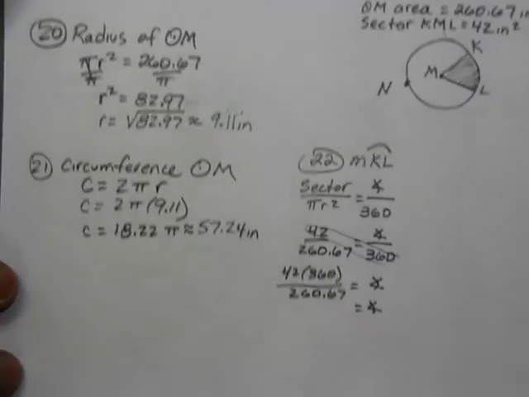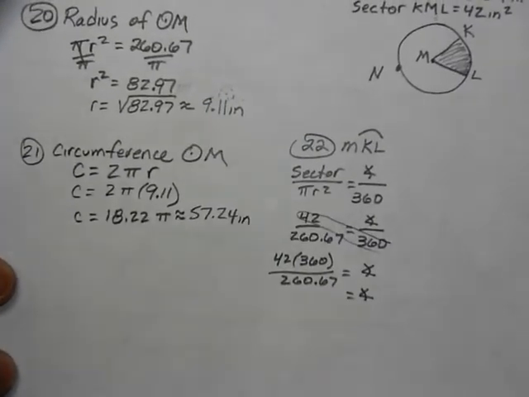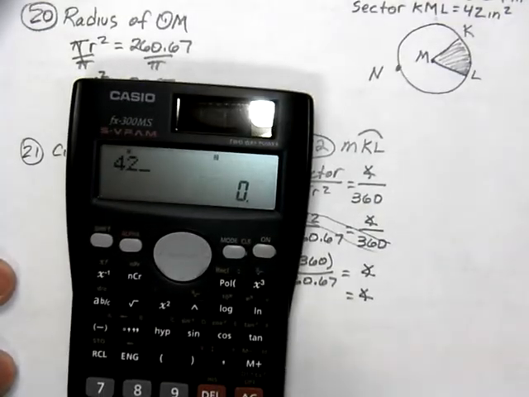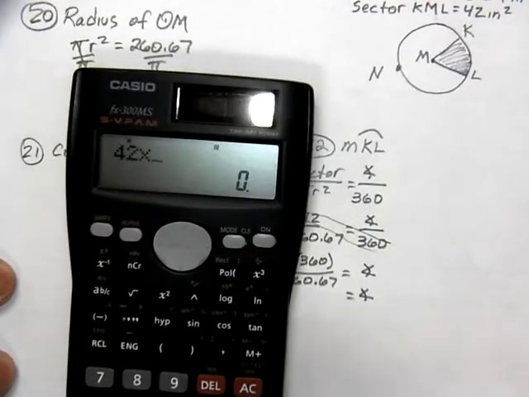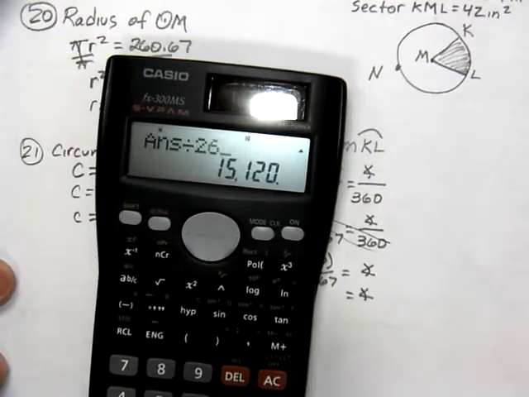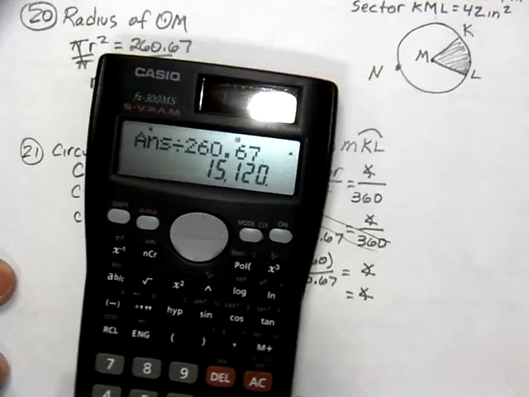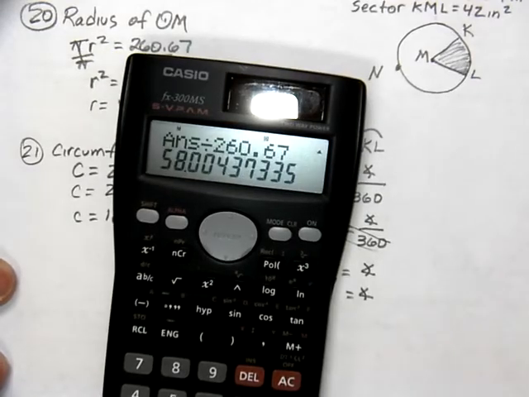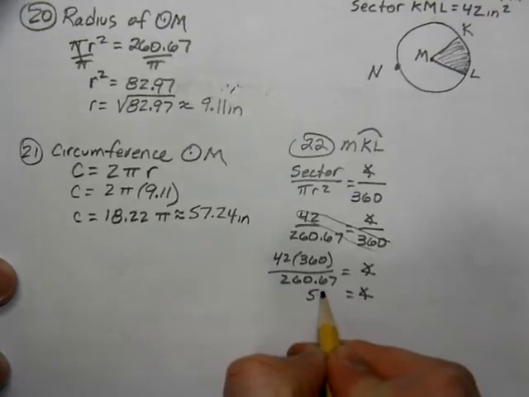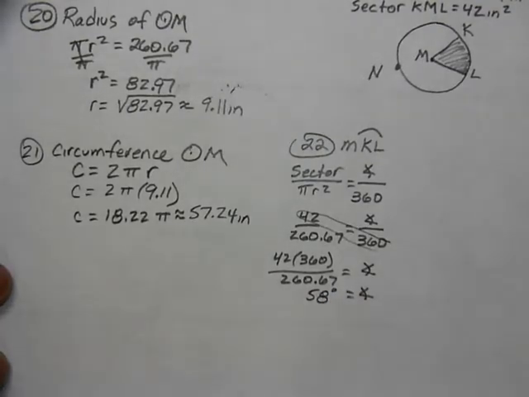So the angle that we are working with is 42 times 360 divided by 260.67. Gives us 58. So we have 58 degrees.